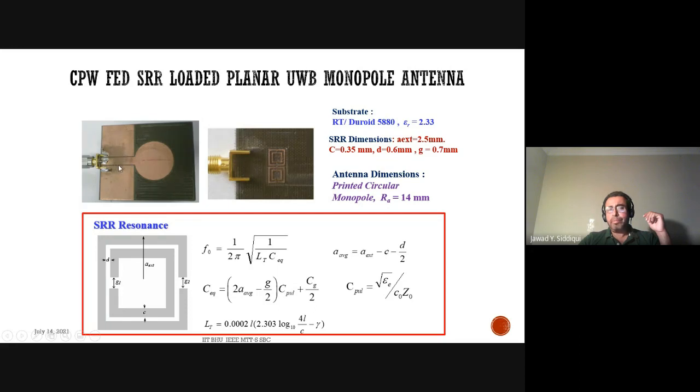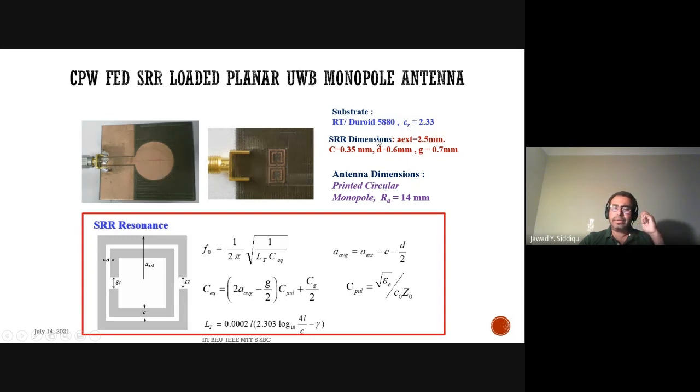And you have the magnetic field which will pass through. You have to make sure that the axis of this SRR is aligned so that it is excited by the magnetic field which passes through the coplanar waveguide, which encircles the signal line between the slots, between the signal line and the ground plane of the coplanar waveguide.